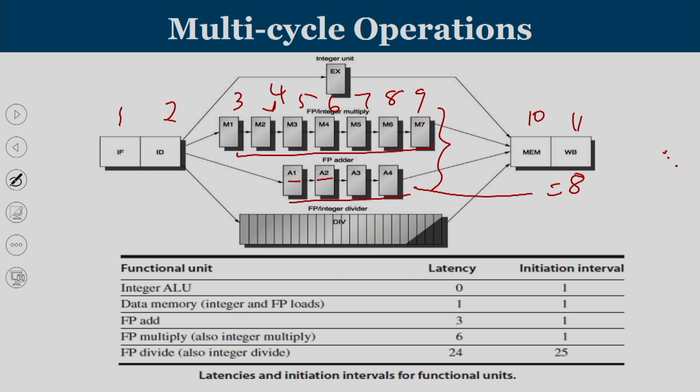The division unit is an unpipelined unit which has a total of 24 stages. Unpipelined means that once you put data into the division unit, for the next 24 cycles the division unit cannot take any more operands, as division is in progress. In other words, it takes 24 cycles to produce the result of the division.